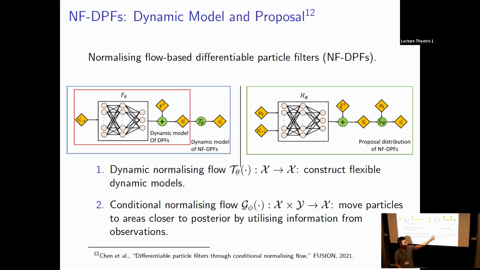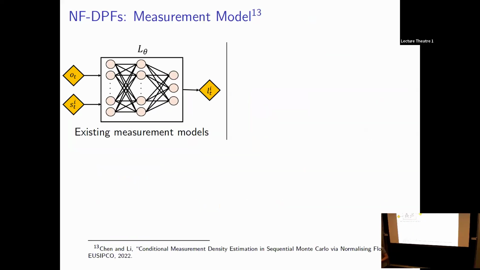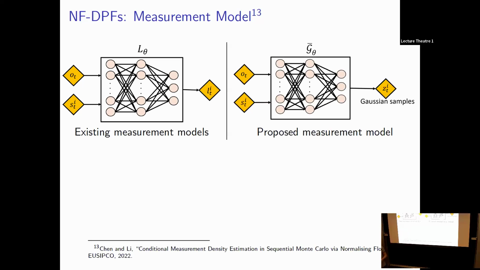But here we require them to have the same dimension. So what we can do is essentially, so this is a previous approach. And what we can do is to have a conditional normalizing flow generate a Gaussian sample, the same size as the state observation, so in a space Y.